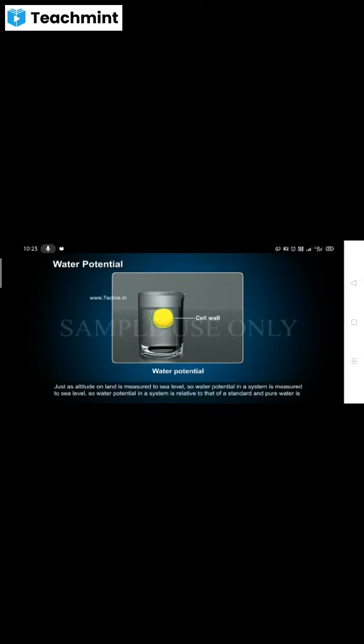Just like altitude is measured from sea level, water potential of a system is measured relative to a standard. Water potential of pure water is taken as that standard.